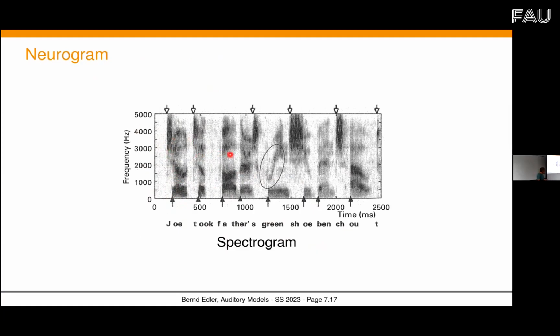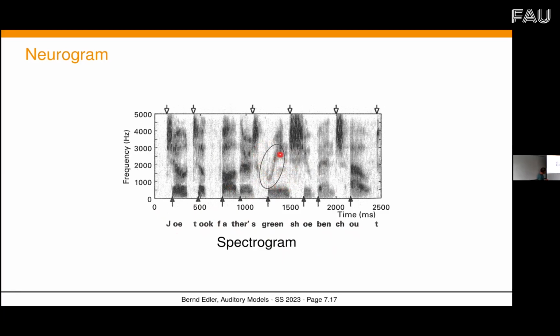And here there was a focus put on one region of that spoken sentence. "Joe took father's green shoe bench out," and on the screen, the pitch goes somewhat up. You see that there's a component with a varying pitch here.